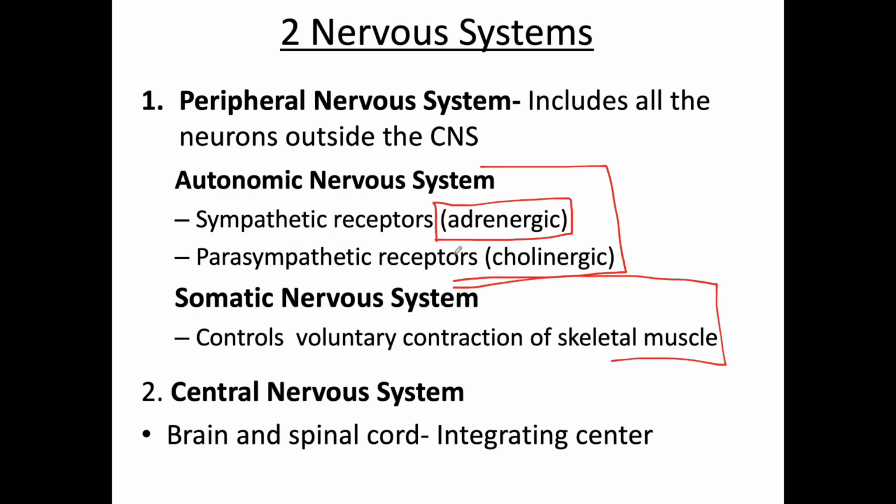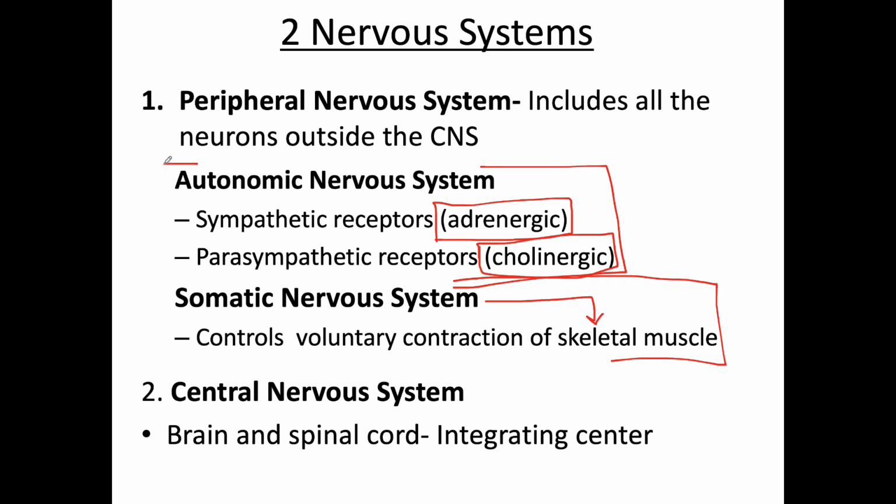The parasympathetic receptors are called cholinergic receptors. These receptors bind to neurotransmitters like acetylcholine that help with your rest and digest response. The somatic nervous system also secretes acetylcholine, but it's specifically for the voluntary movement of skeletal muscle.